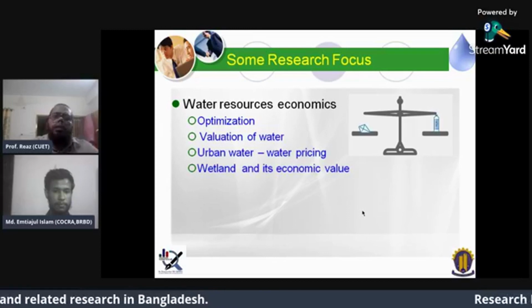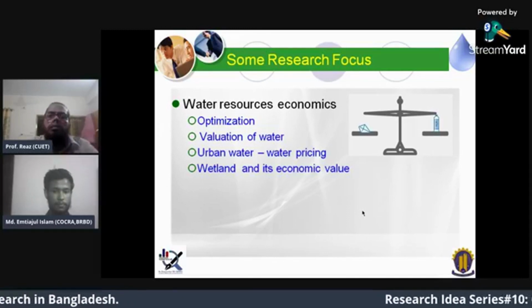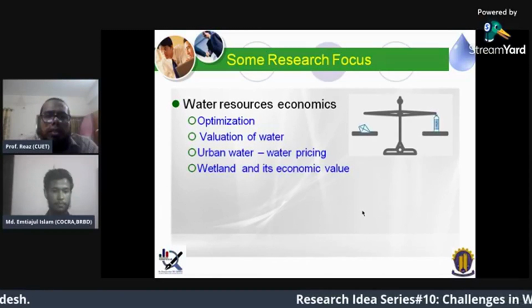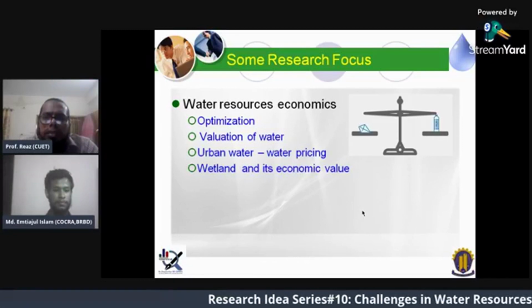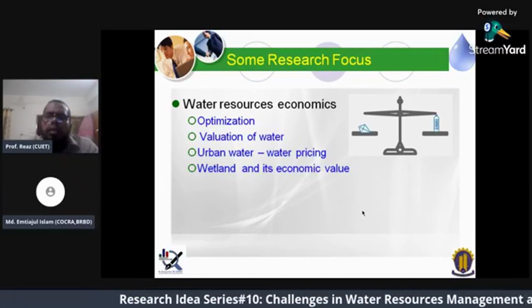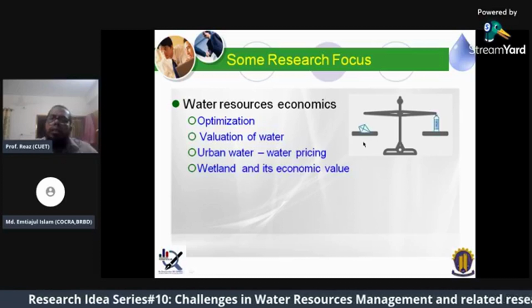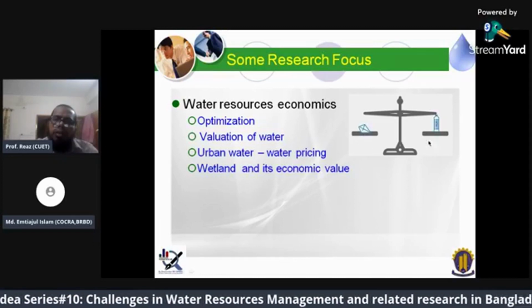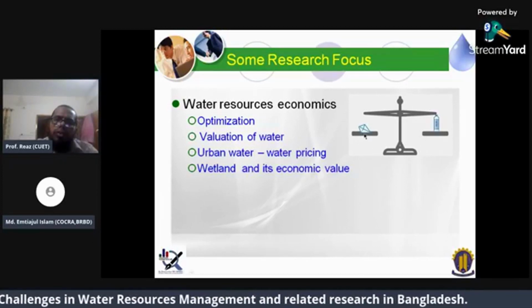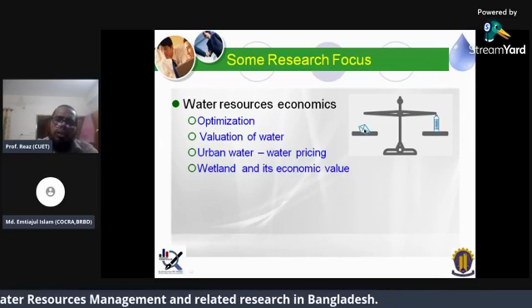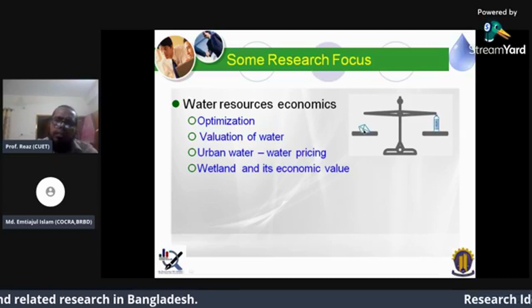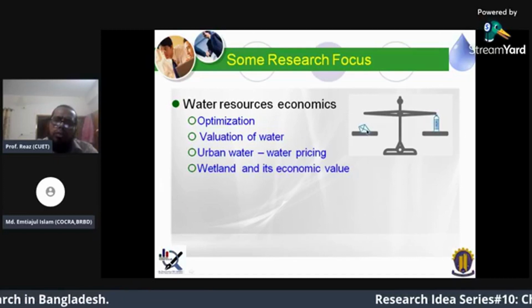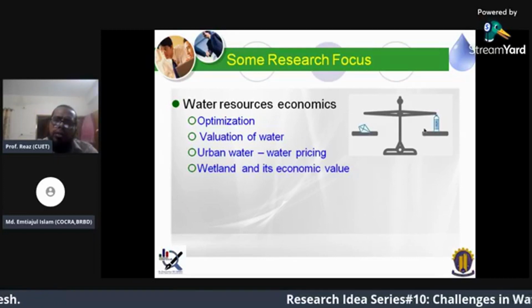This is another big, interesting area of research, that is water resources economics. This is a very small figure, but it tells many things. This is a diamond, and this is one bottle of water, and this is a very small size of a diamond. If I ask anyone which one is more important for life, everyone will say the water is very important for life.